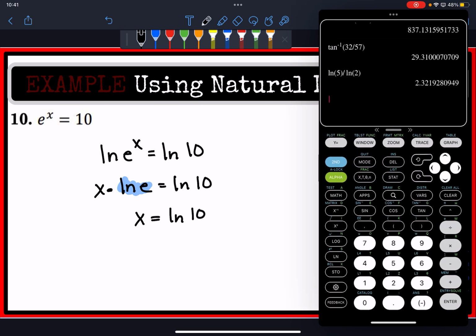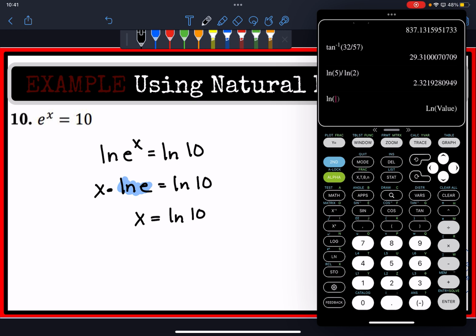But just to verify again, the natural log of e to the first power, because that's what it is, it's e to the first power, that's the invisible one right there. As you see again, that equals 1. And again, multiplying x with 1 is just going to be x. So our answer is that x equals the natural log of 10.